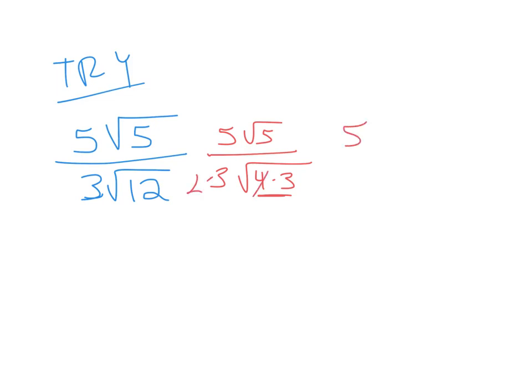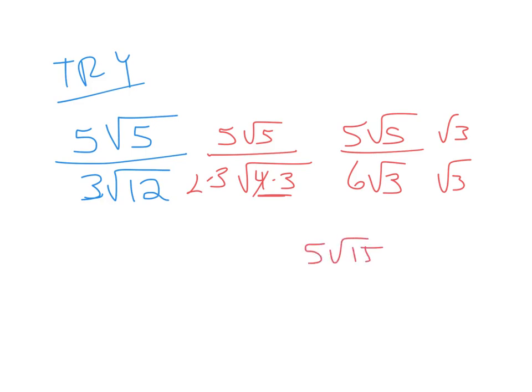So I'll have 5 root 5 on top, 6 root 3 on the bottom, and then I can multiply by root 3, and that's going to give me 5 root 15 over 6 times 3, which is 18, and that is all I can do. So 5 root 15 all over 18.